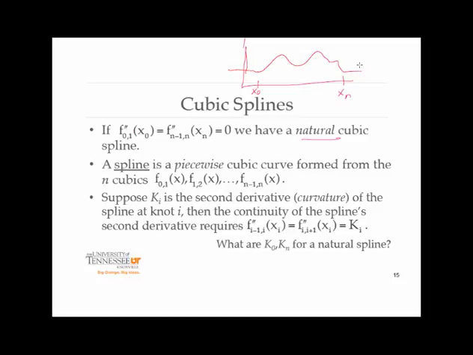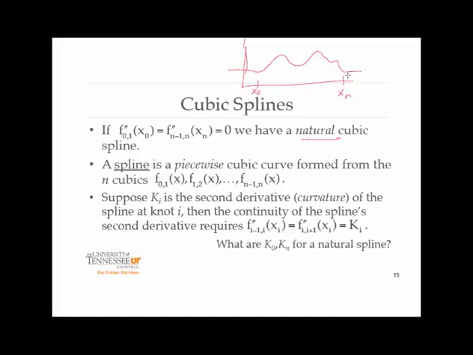Some people think of this as having two hands at both ends of the spline, pulling them apart to tighten up the curve, so to speak. That's the nature of what is meant by a natural cubic spline. The second derivatives at the ends, if we force them to 0, flatten things out that way.